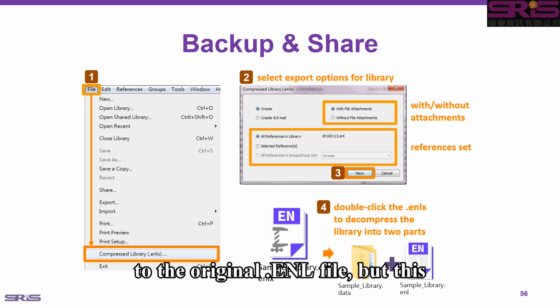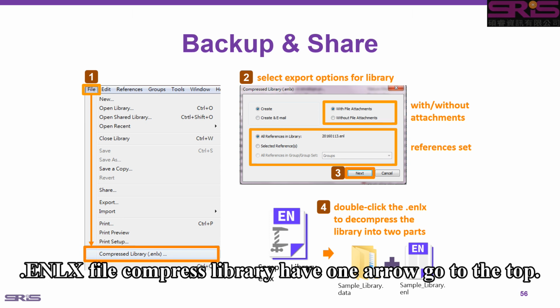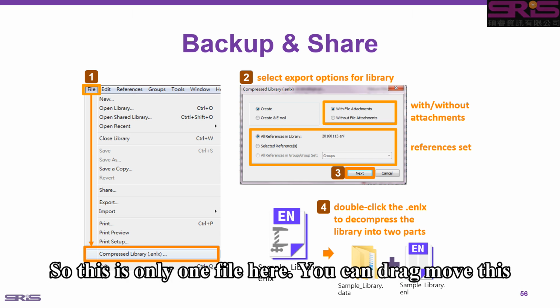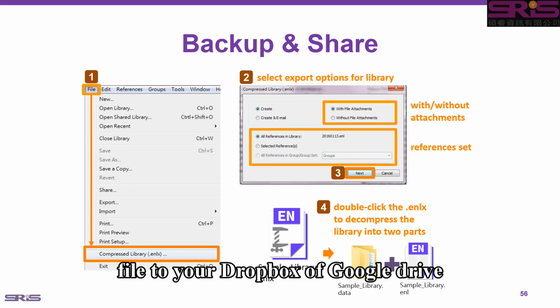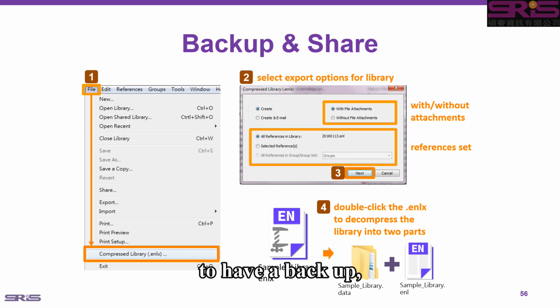But this ENLX file, the compressed library, has one arrow going to the top. So this is only one file here. You can drag or move this file to your Dropbox or Google Drive to have a backup without any kind of collapse.